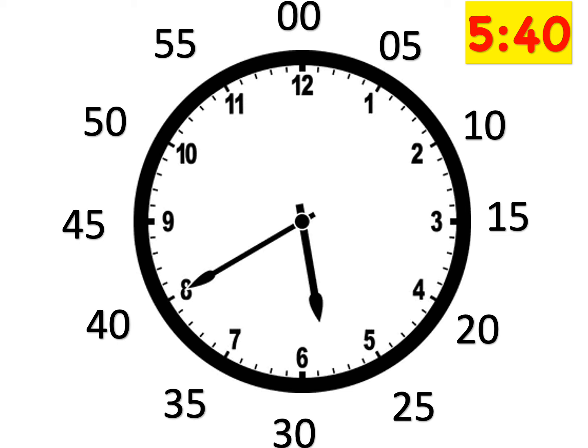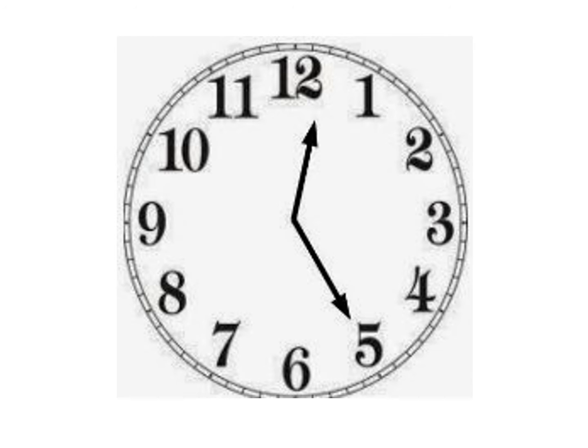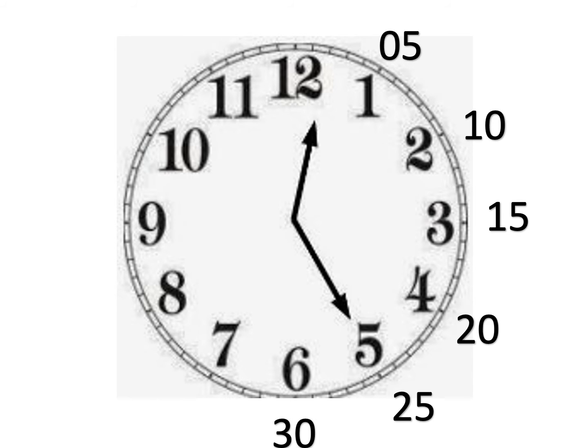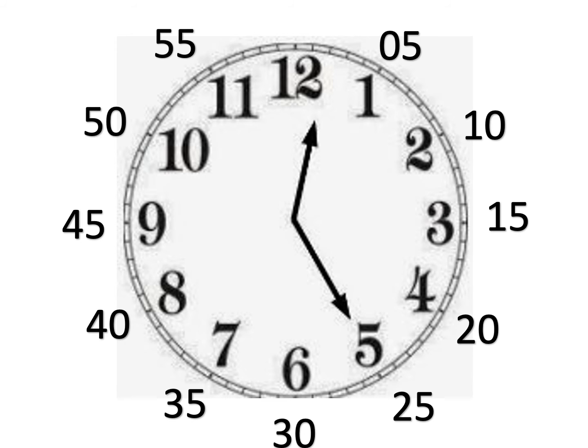Okay, let's try another one. So here's the clock, and let's just start by counting by fives around the clock to remember. 5, 10, 15, 20, 25, 30, 35, 40, 45, 50, 55, o'clock. Now, let's start with the little hand like we always do, and that looks like it's pointing between the 12 and the 1.